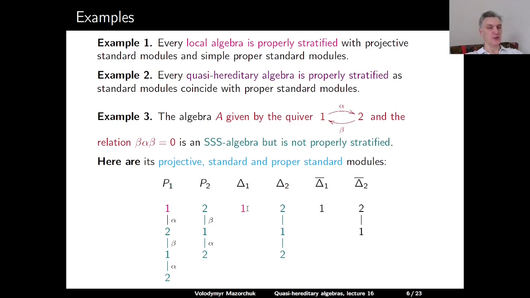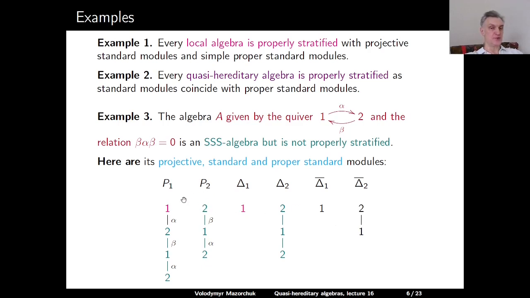In particular, L1 appears once in delta 1, so the corresponding delta overlined 1 is also L1. But 2 appears twice in delta 2, and if we kill the second occurrence of 2, we see that the module delta overlined 2 is just 2 on top and then 1 underneath. So these are our projective, standard and proper standard modules.